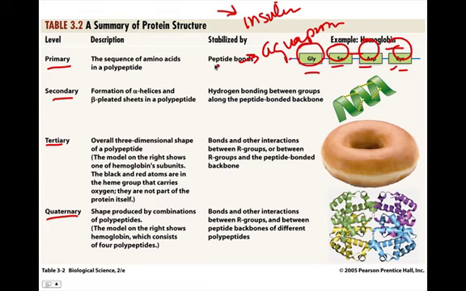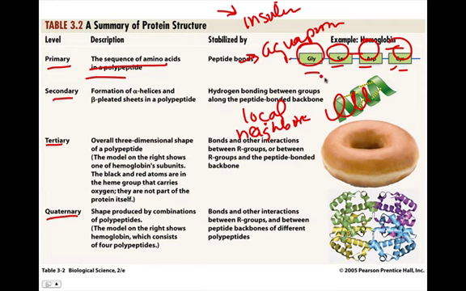So we have the primary amino acid sequence, and scientists talk about that a lot. Then the secondary structure is this spiral, so sort of the local neighborhood and the shape.